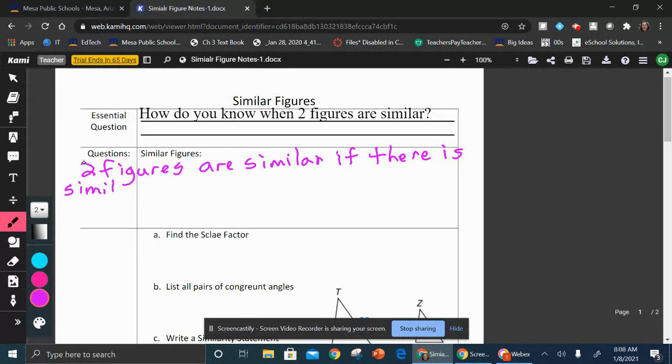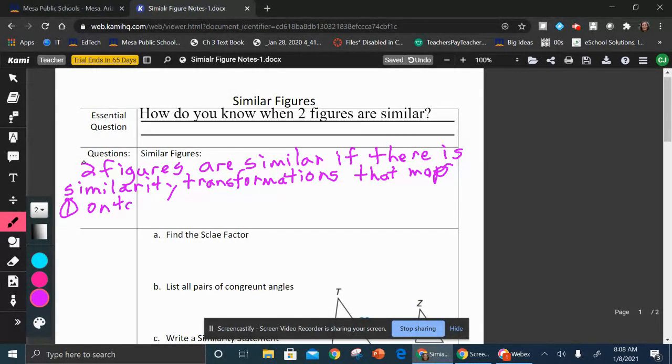So remember what we worked on last semester. That maps one figure onto the other figure.